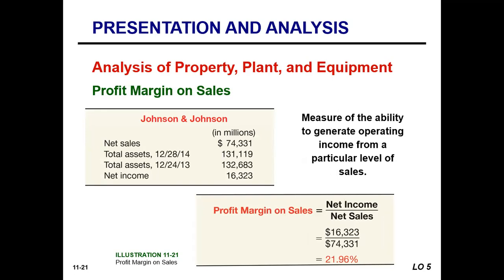What that means essentially is that for every $100 of revenue that comes in, we get to keep $21.96 after all expenses are paid. For every $1 of revenue, we get to keep approximately 22 cents after all expenses are paid. So that's what the profit margin is showing us.